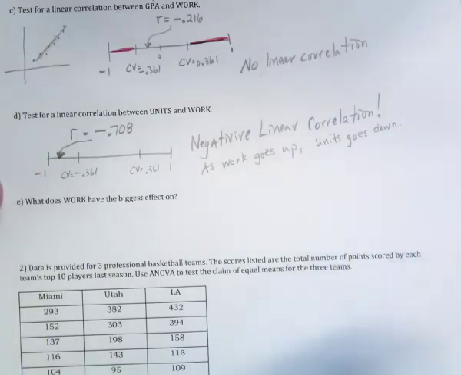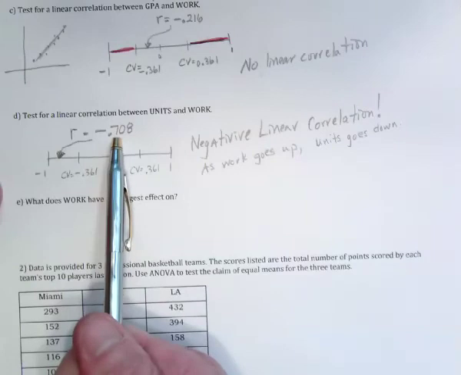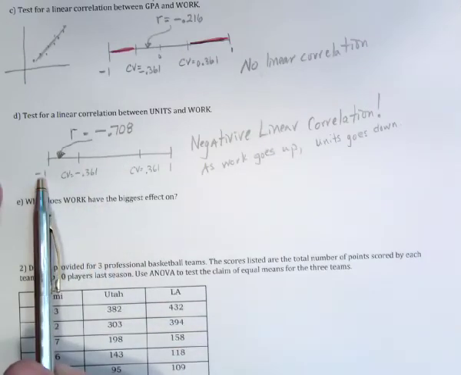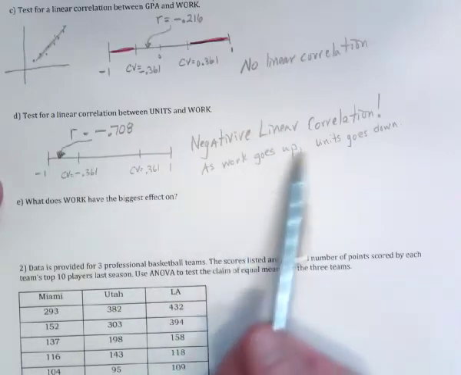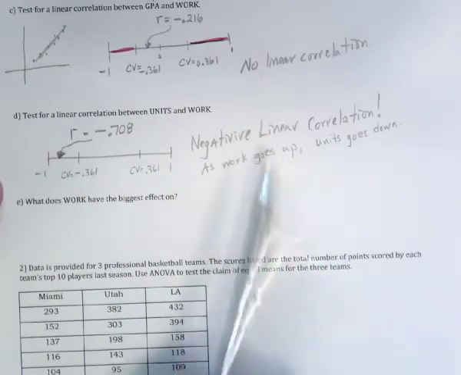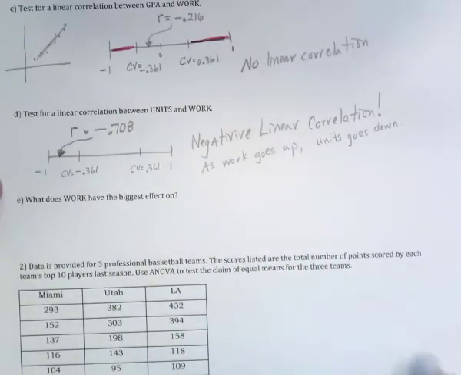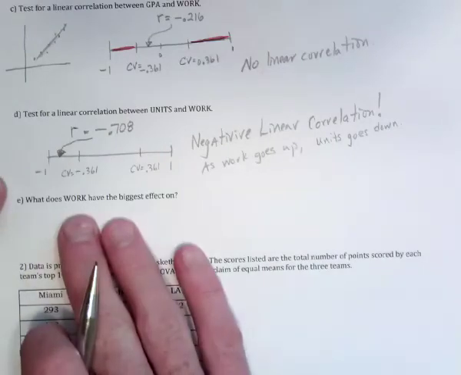Now, is this true for absolutely everyone? No. If this would have been a negative 1.0, that would mean perfect correlation. That means it works perfectly for everybody. This is basically saying, well, in most cases, this is what's happening. In general, this is what's happening. There are going to be some exceptions.